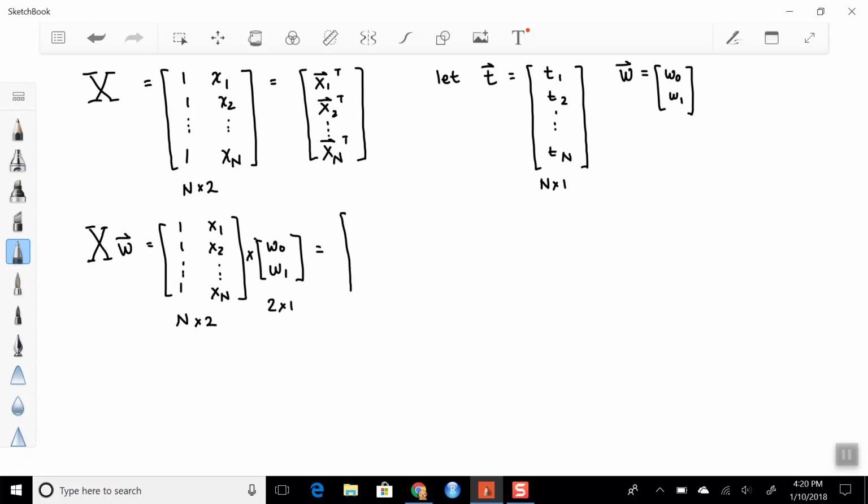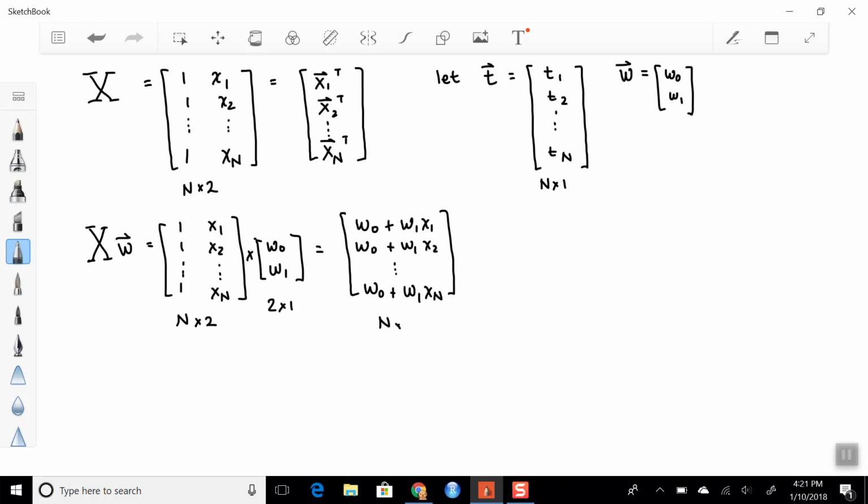What's the dimension going to be of our output vector? N by 1, and it's just going to be the quantities w0 plus w1 x1, w0 plus w1 x2, all the way down to w0 plus w1 xn.